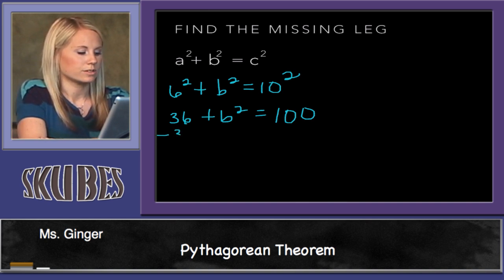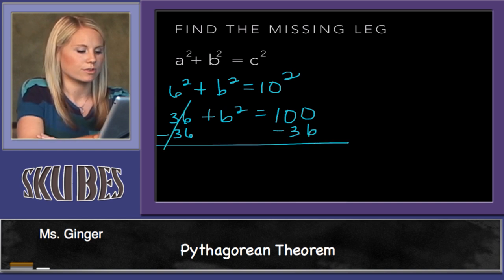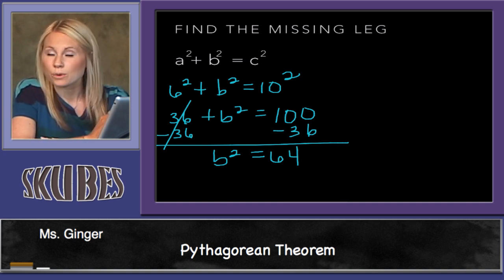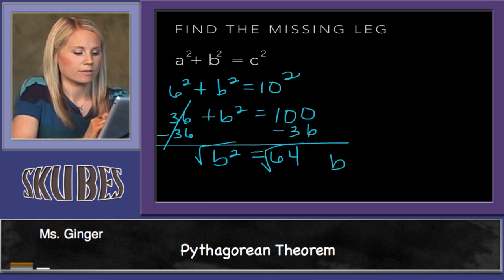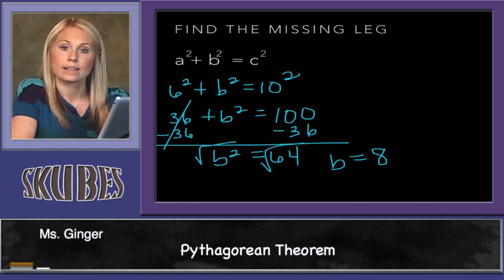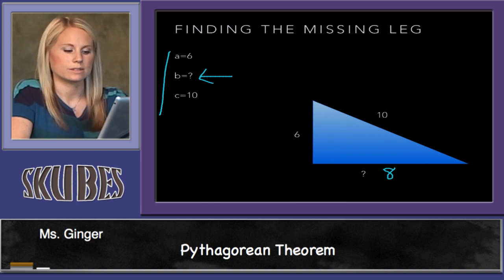I'm going to remove this 36 over to the other side to get rid of that first. So I'll have B squared equals 64. And remember, we don't want to know B squared, we want to know B. So we're going to take the square root and have B equals 8. So that was our missing leg length on this triangle here. So you could always go back in if you want to and fill it in with your units.